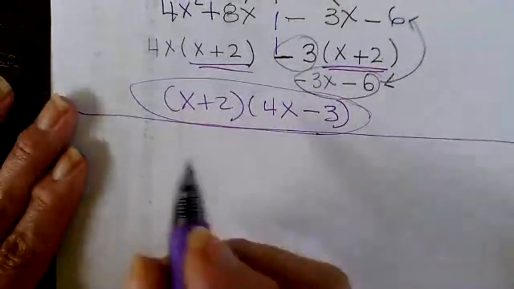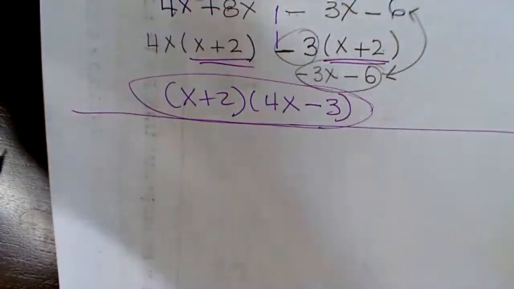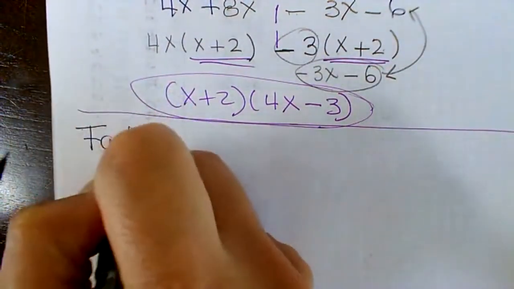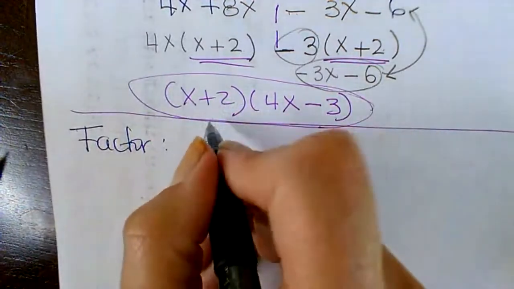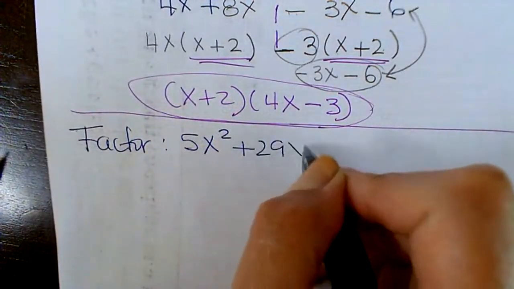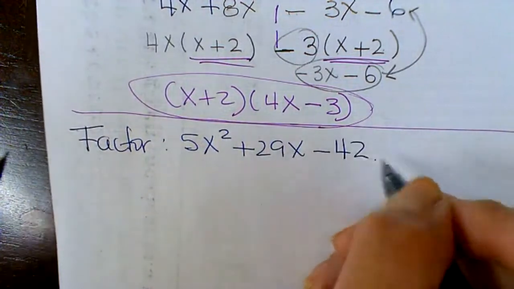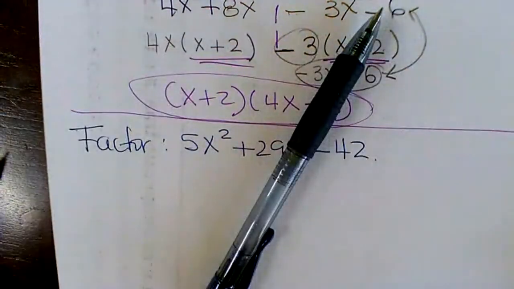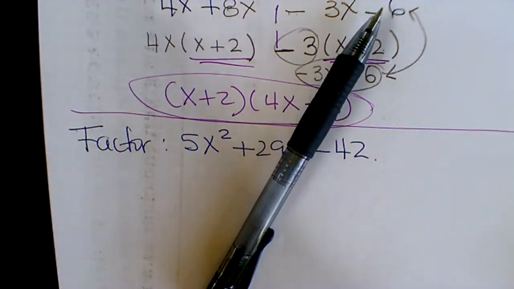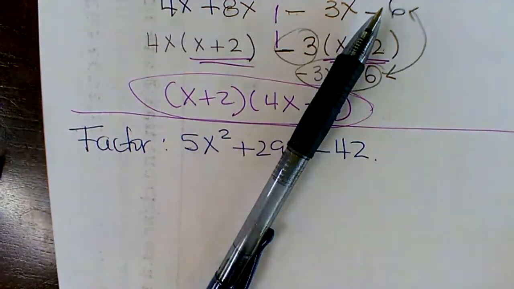Let's do this one. Factor 5x squared plus 29x minus 42.